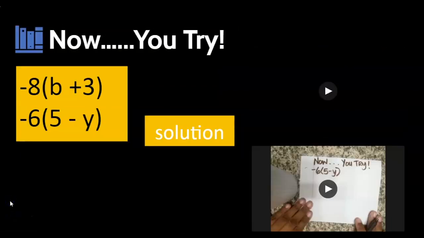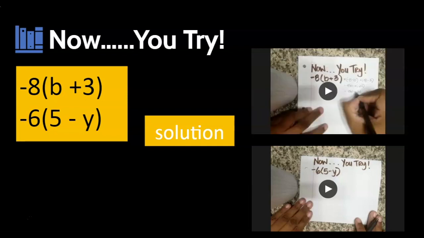Let's look at a couple problems for you to try yourself. Please take a moment to go ahead and write down the problems and try to simplify them, and then we will look at the solutions.